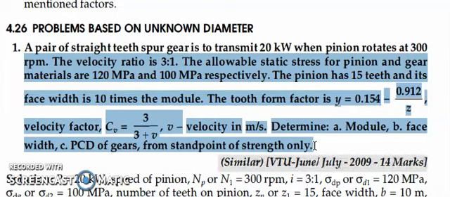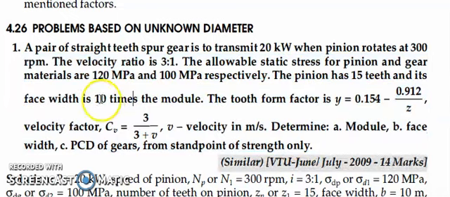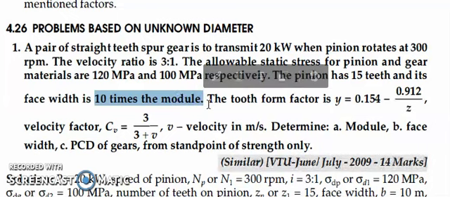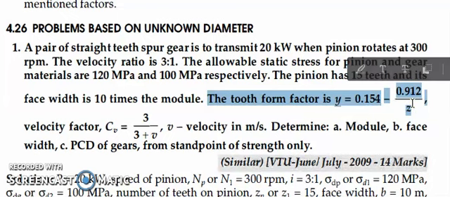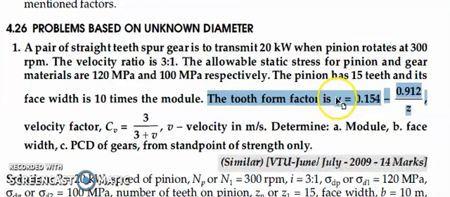So they are not giving the actual value of face width. They gave that value according to the module, that is 10 times the module. So while reading these questions, we can identify how the face width is connected. And the tooth form factor, that is the value of y, is already given. If it is not given, we can take it from our data book, because the tooth form factor is a common value, and we can take it according to the number of teeth from our data book for different types of gear.